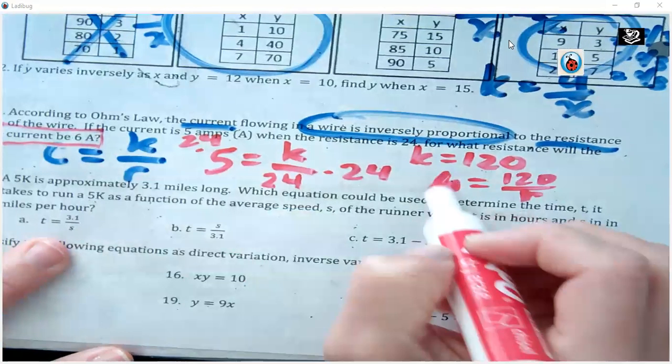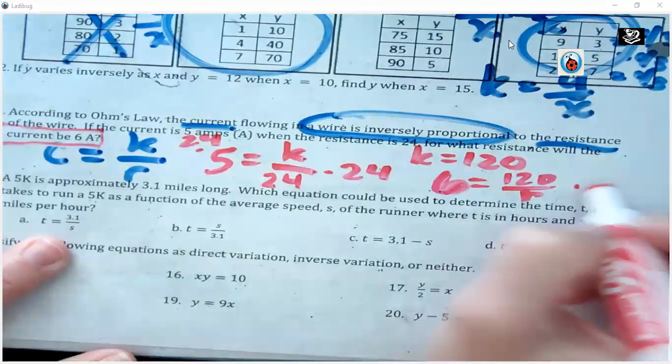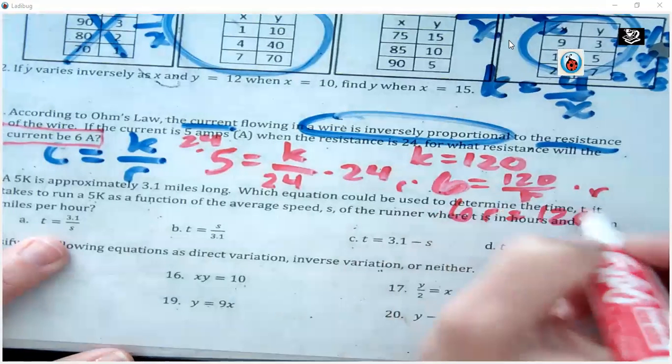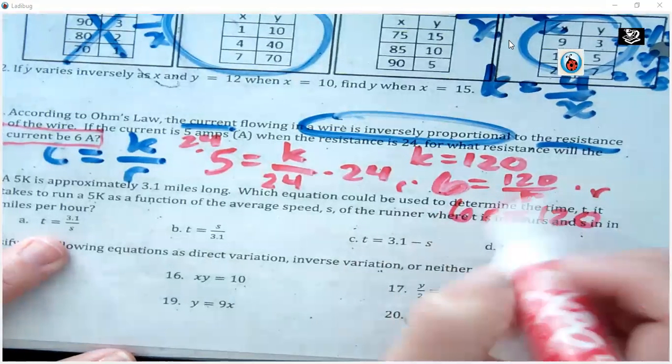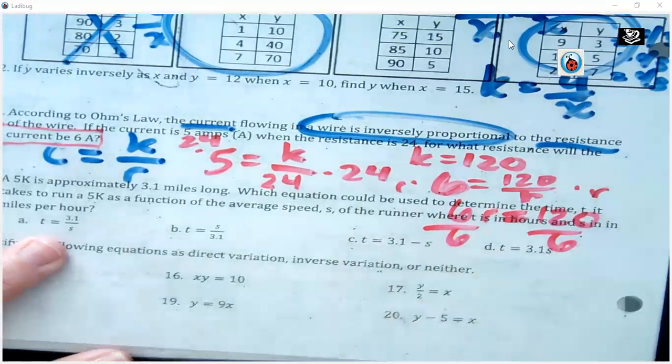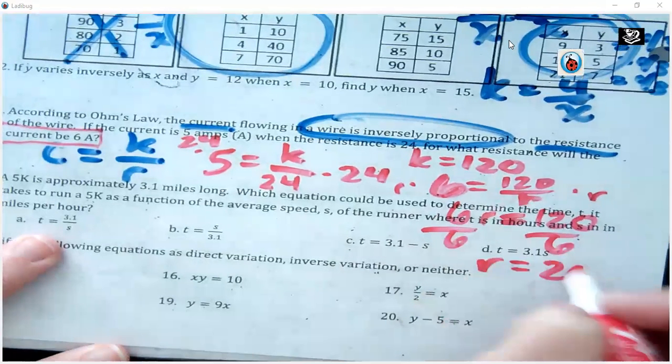What do I have to do first? Multiply by R. Good. So that gives you 6R equals 120. And then you divide by 6, which gives you 20. So your final answer, R equals 20.